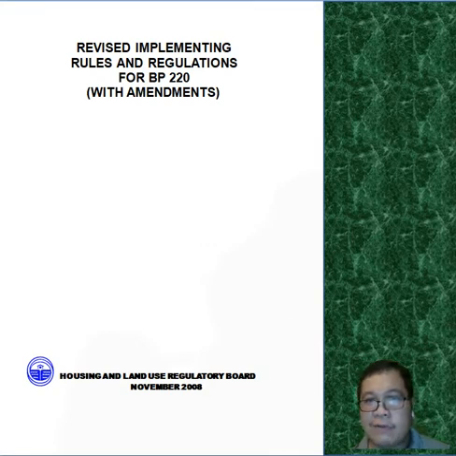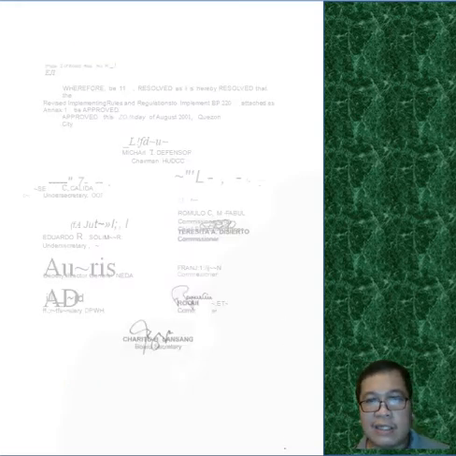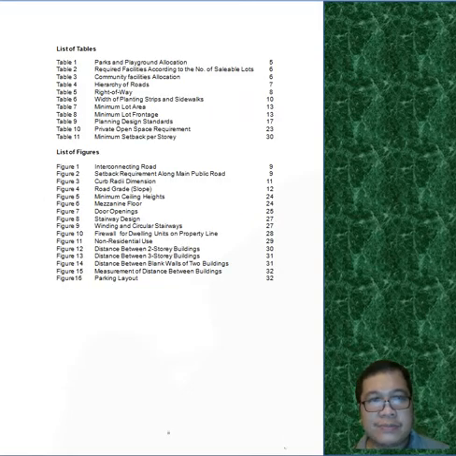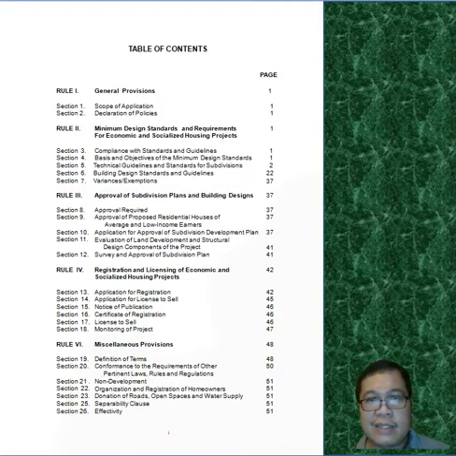So the revised implementing rules and regulations for BP 220 with amendments by the Housing and Land Use Regulatory Board, November 2008. These are the table of contents. This week we're going to discuss Rule 1 and Rule 2, but we're only going to discuss Section 1, Section 2, Section 3, and Section 4.